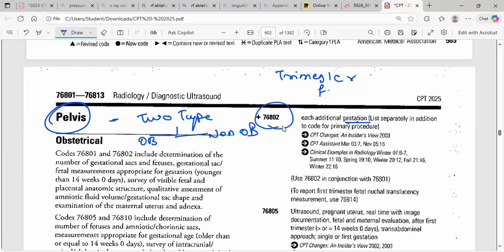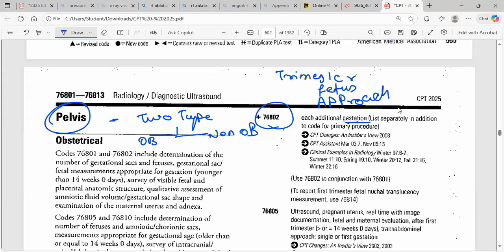This add-on code will represent additional gestation or additional fetus. So trimester, fetus, and lastly you have to review the approach. If there is an additional fetus, we have to use the add-on code to represent that the additional fetus has been evaluated or examined during the ultrasound.